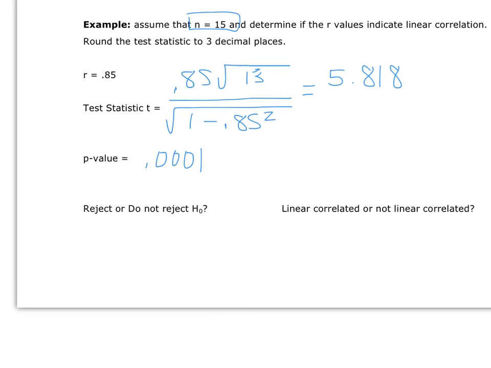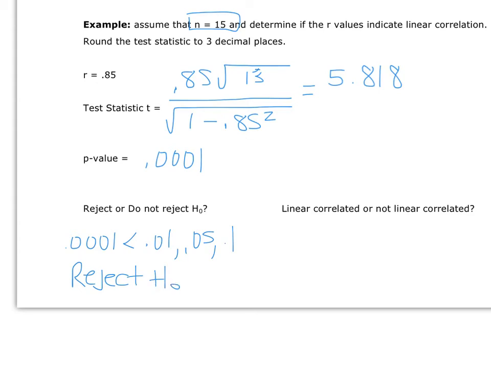Using that, that p-value is less than any of the significance levels that we might use: 0.01, 0.05, or 0.1. So that means that we will reject the null.